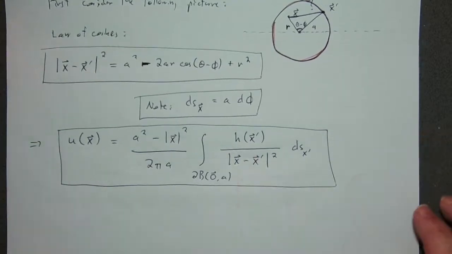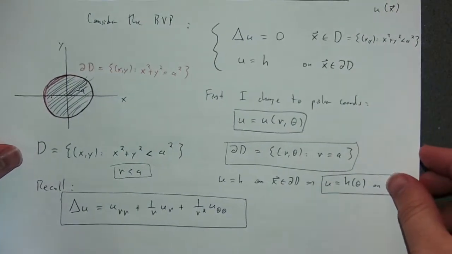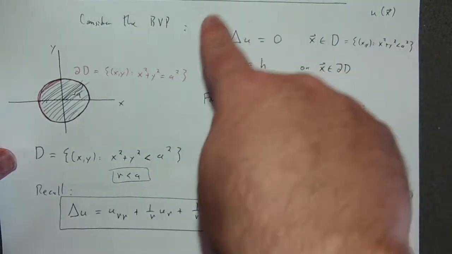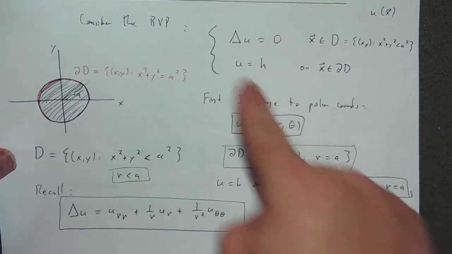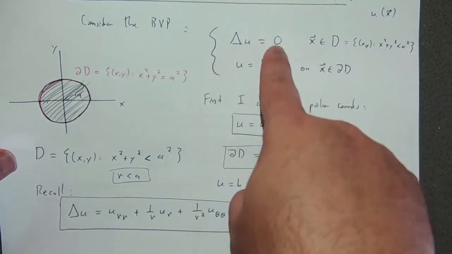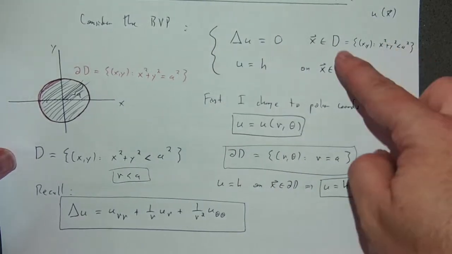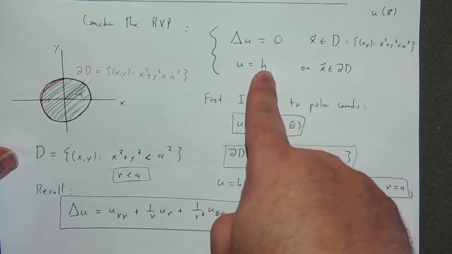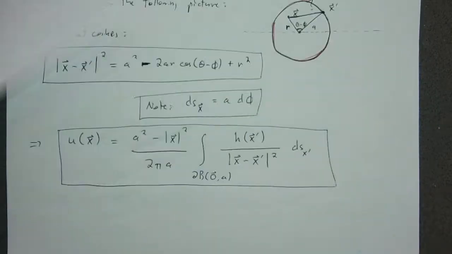What is this? This is now my solution to the original problem on this disk of radius a. This is my solution to what if I want to seek a function whose Laplacian is 0 on the open disk of radius a with prescribed values given by the function h on the boundary.